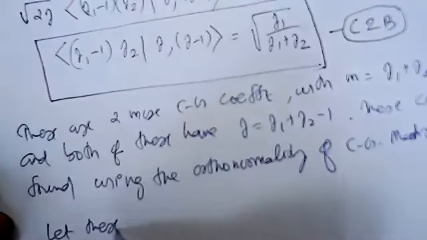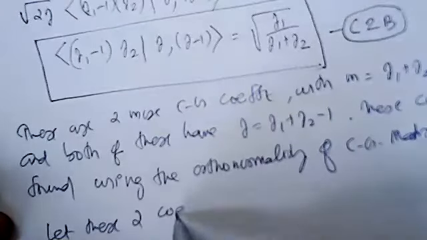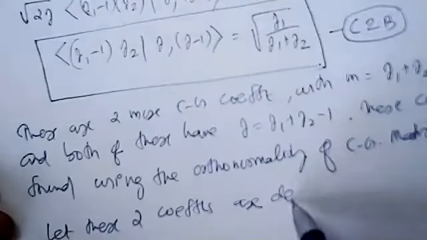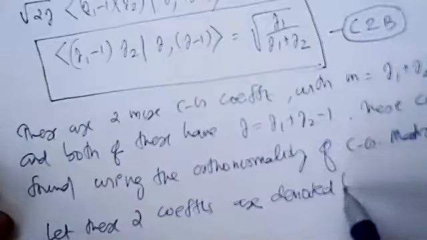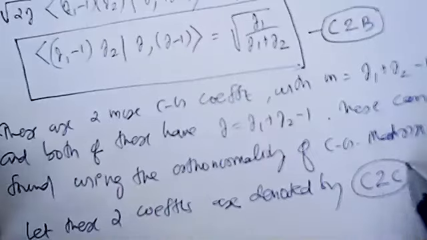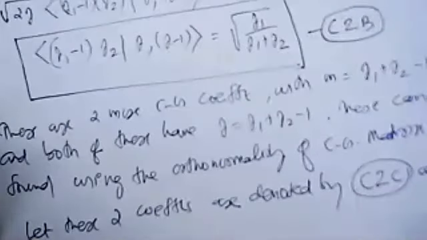So let these two Clebsch-Gordan coefficients be denoted by C2C and C2D.